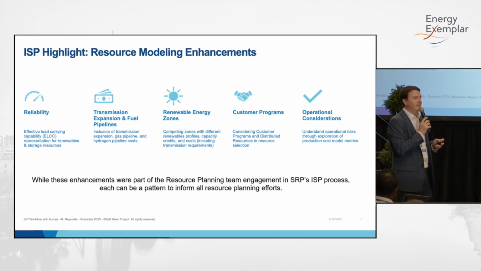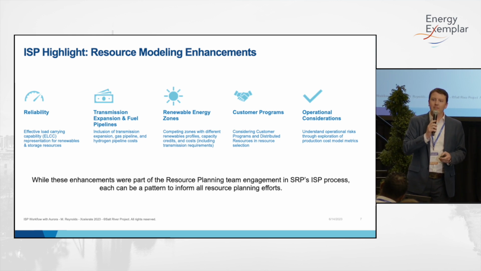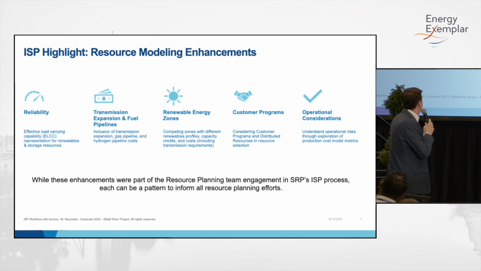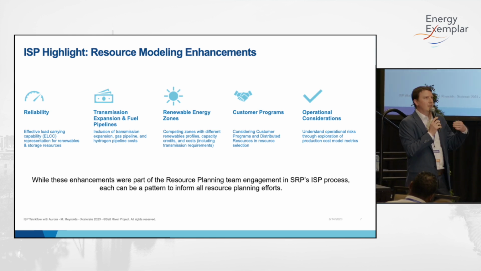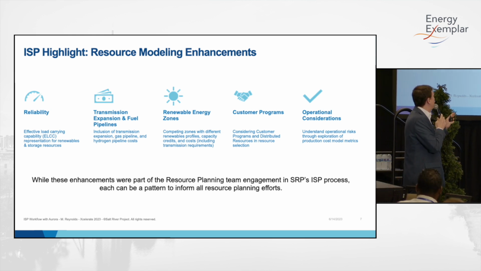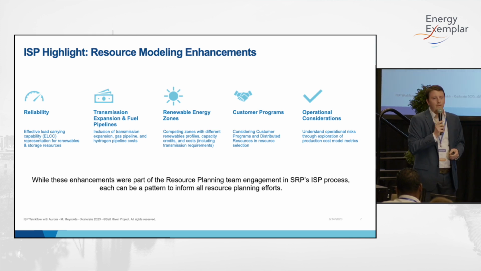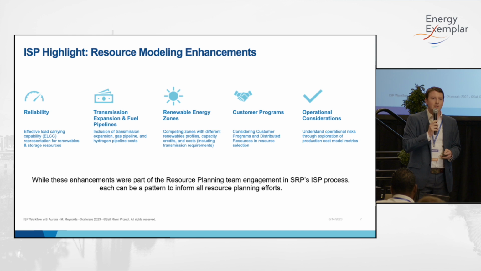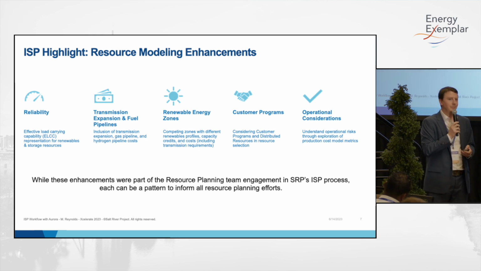We're going to talk through each of these on a different slide, but they include reliability and making sure that we get effective load carrying capability curves represented in our capacity expansion selections, transmission and fuel pipelines, and determining how we can figure out some thresholds for investment that may or may not be justified being selected, renewable energy zones, customer programs, considering those and how we do our resource selection, and then informing operational considerations and making sure that we're not creating plans that are called the ivory tower and ignored by people that actually run the system.